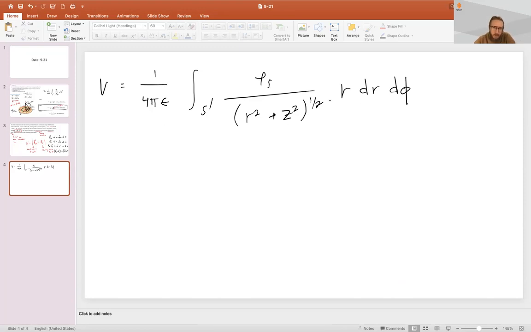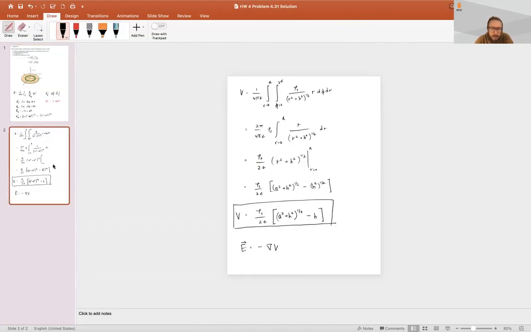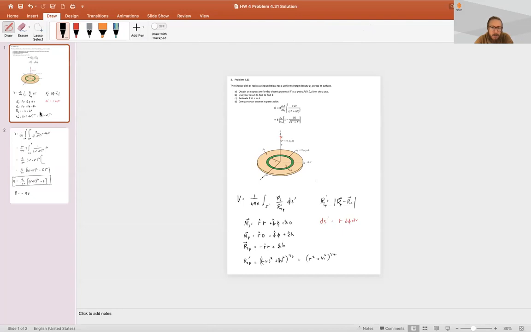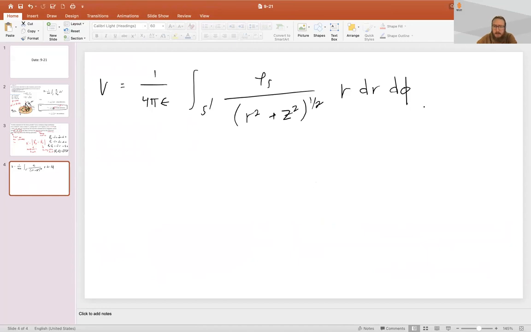If we want to do this integration, what should our limits be? Try to set this up and see if you can figure out what the limits should be. The disk has a total radius of A. See if you can find limits and solve this integral.